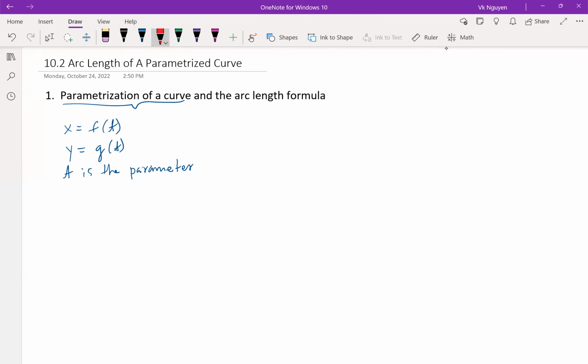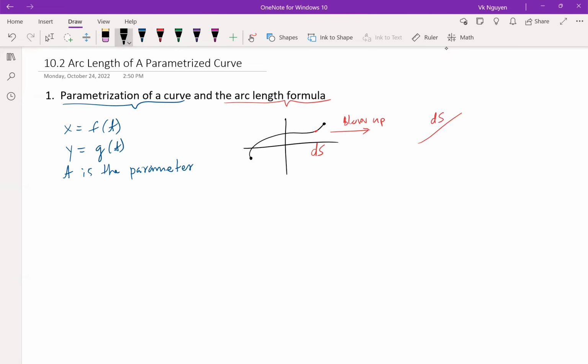Now comes the arc length formula. In the previous lesson, we saw that for a curve C from, let's say, A to B here, if we take a look at a small arc ds and blow it up, then we see that it does look like this ds right here.